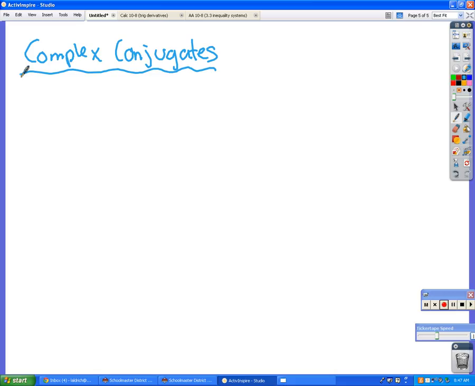The complex conjugate is, if you start with a plus bi, the conjugate is a minus bi. So you take whatever the sign is of the imaginary part, only the imaginary part, and you change it to be the opposite sign.